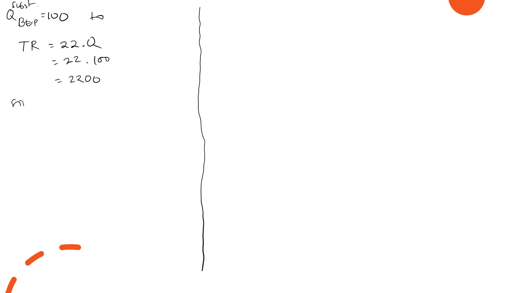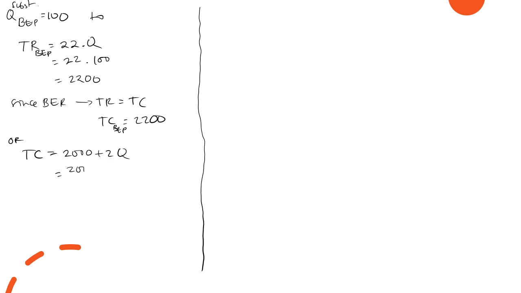Okay, and since BEP is actually TR equal to TC, then TC is 2200. So this is TR at BEP, TC at BEP. If you want to prove it through the equation itself from the TC, fine. TC is 2000 plus 2Q. Then substitute Q 100, and this becomes 2200. So this is the same. So this is TC BEP.